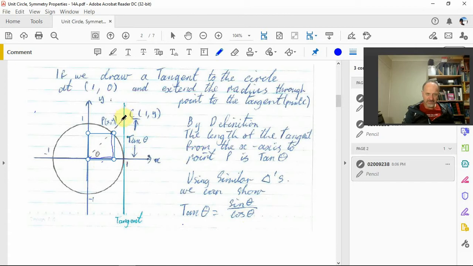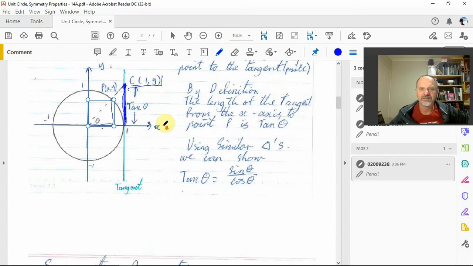By definition, it's the length from the x-axis up to point C, where the extended radius hits the tangent. So there's a bit of background about where those things come from.